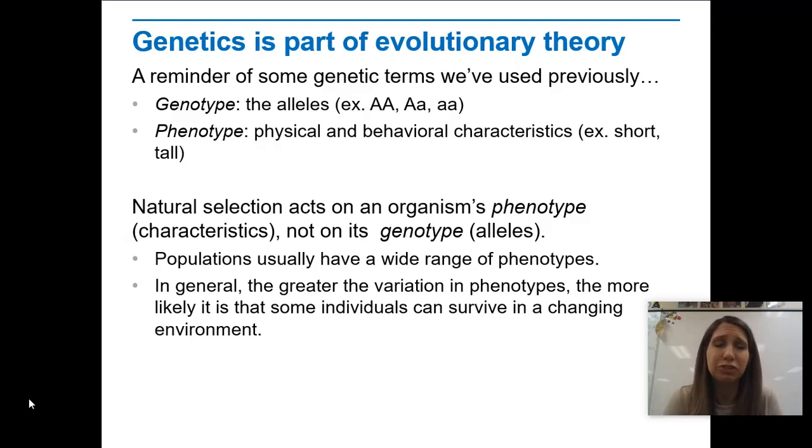So genotype refers to the alleles or the variations of a gene that we carry on a chromosome. When we talk about genotype, we're really representing the symbols or the letters that we use to show which versions of a trait are being passed down. So I've got examples there like big A, big A, little a, and little a, little a. Those are all representative of genotypes, okay?